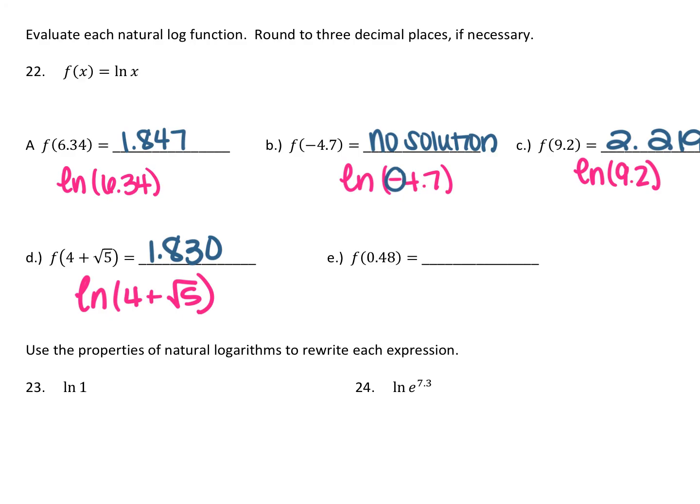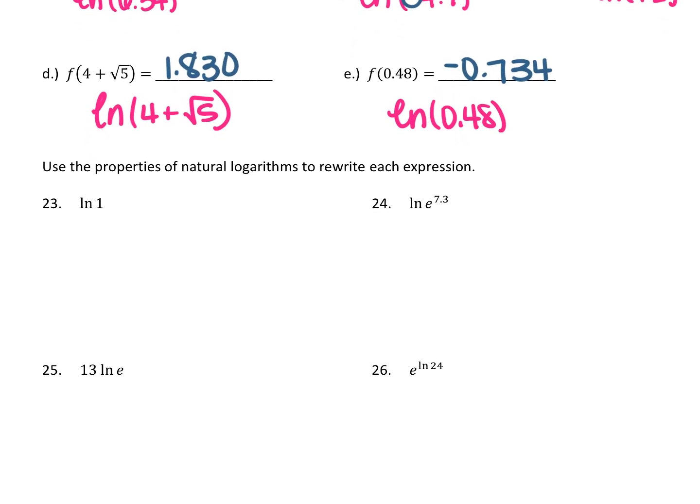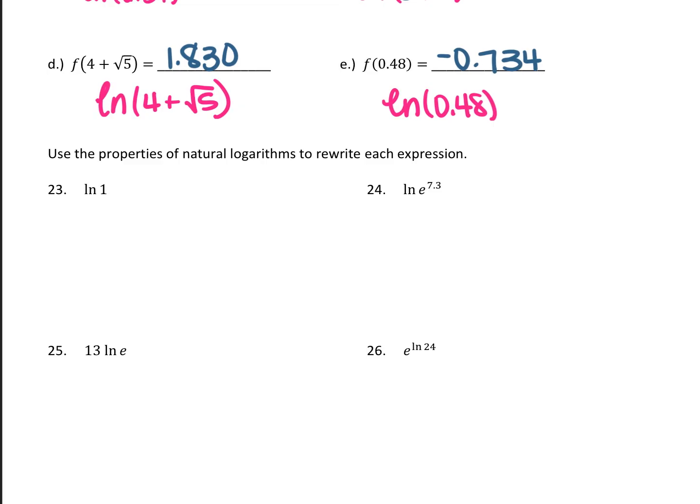For E, you have 0.48, so that's the natural log of 0.48. Rounded to 3 decimal places gives you negative 0.734.